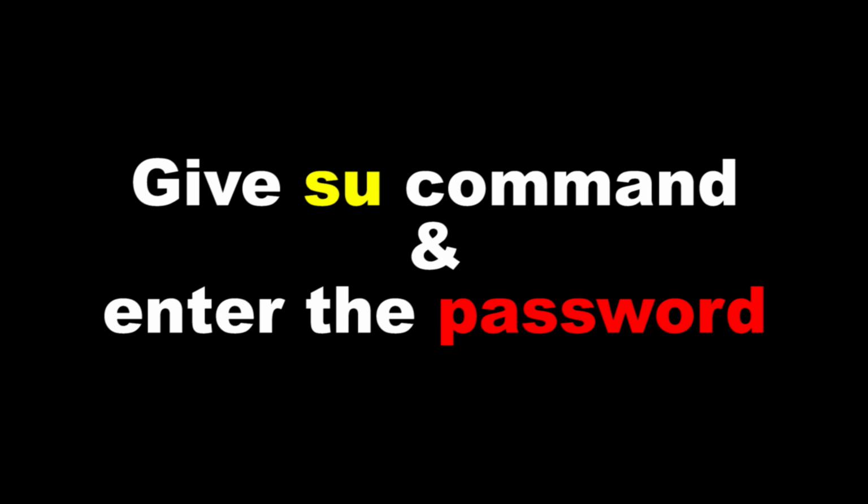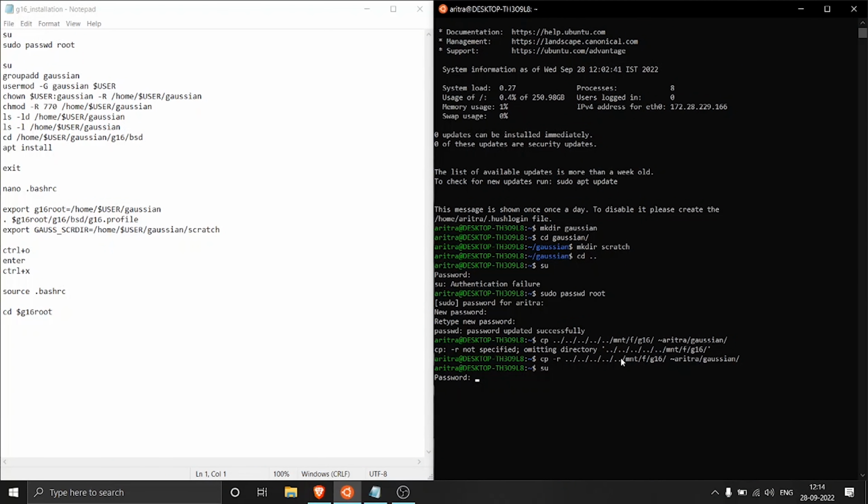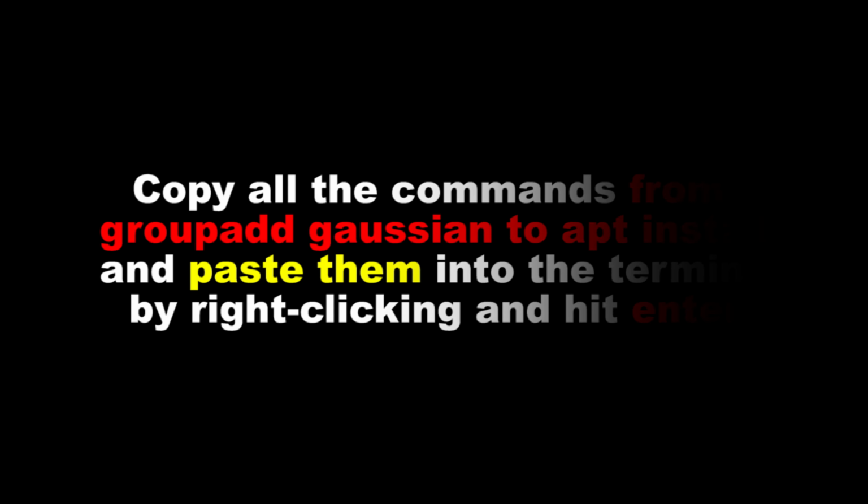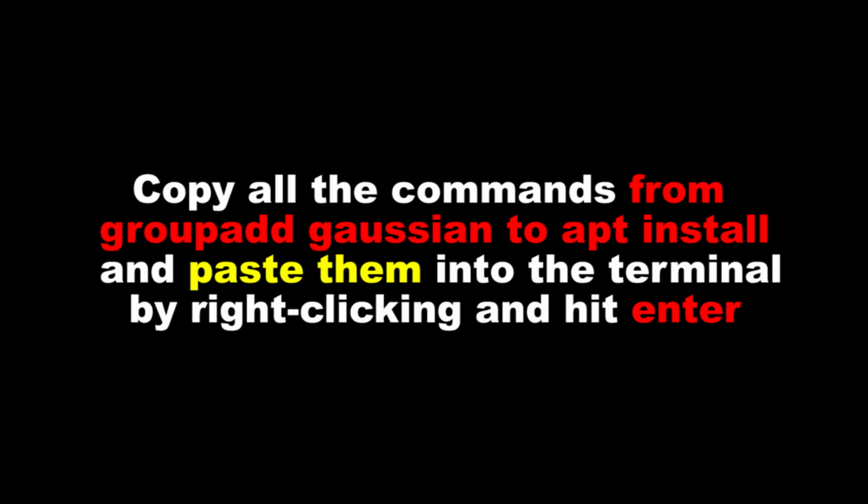Give the su command and enter the password. You'll be in the user's root instance. Copy all the commands from group add Gaussian to apt install, and paste them into the terminal by right-clicking, and hit enter.